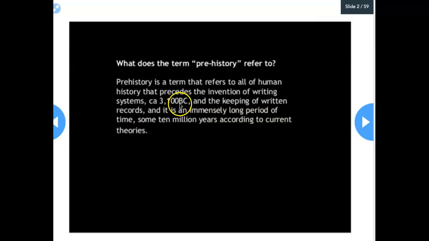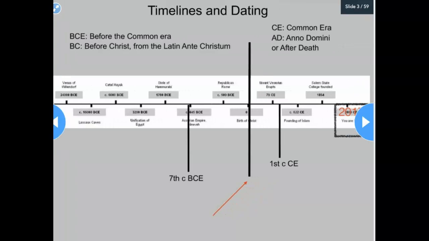But when I say the word BC, when we're talking about time and timelines, what are we referring to? I wanted you guys to have a look at this here, okay? I didn't update it yet, but here it says 2017 or 18, but this is the present. We typically talk about the year 0 as the year that Christ is born, right?